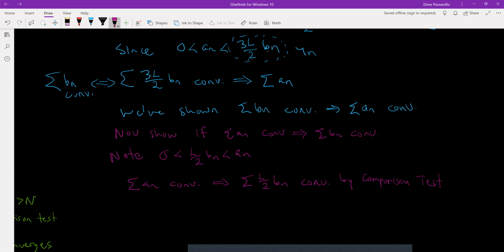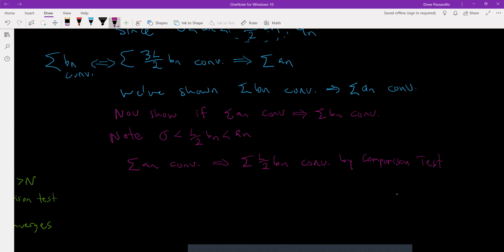Well, if the series of L divided by 2 times bn converges, you could factor out the constant in front, so then the series bn converges. And that's if and only if the series bn converges.